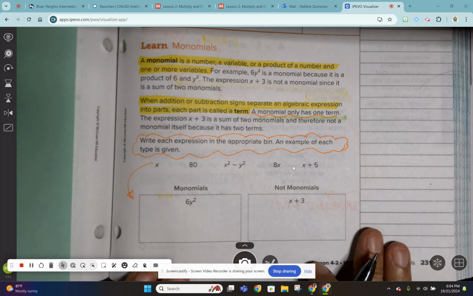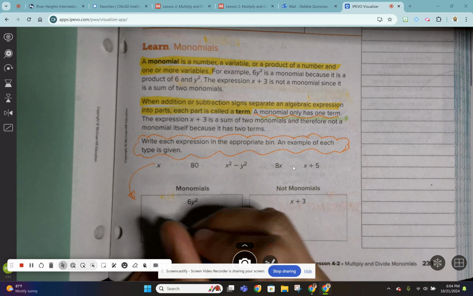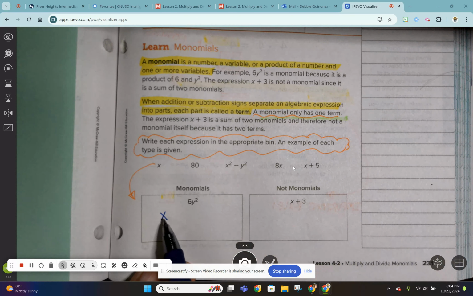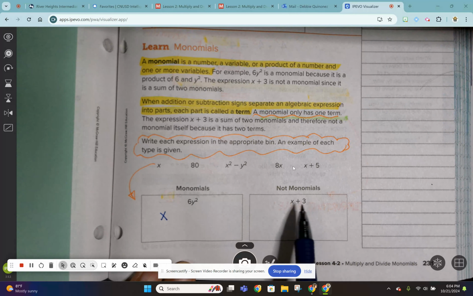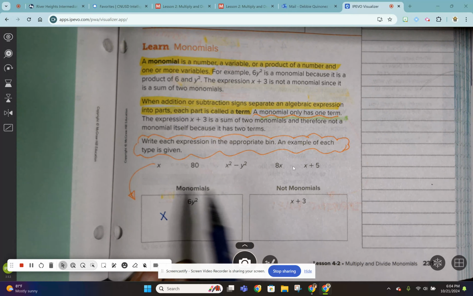Okay, hopefully you tried them. So x would be a monomial, right? Because it's only one term. The number 80 doesn't have that plus sign, right? So it would also be a monomial.